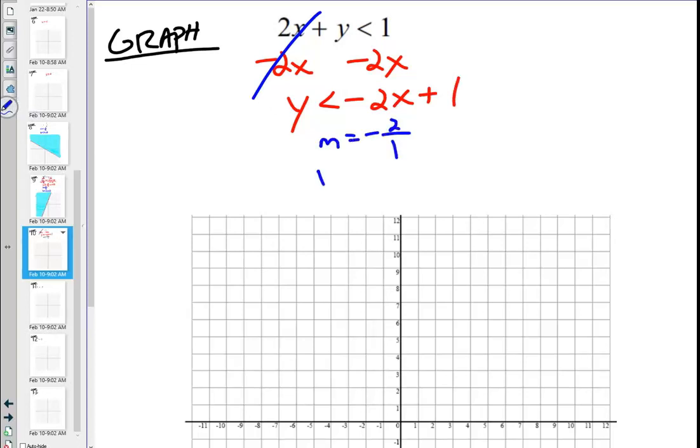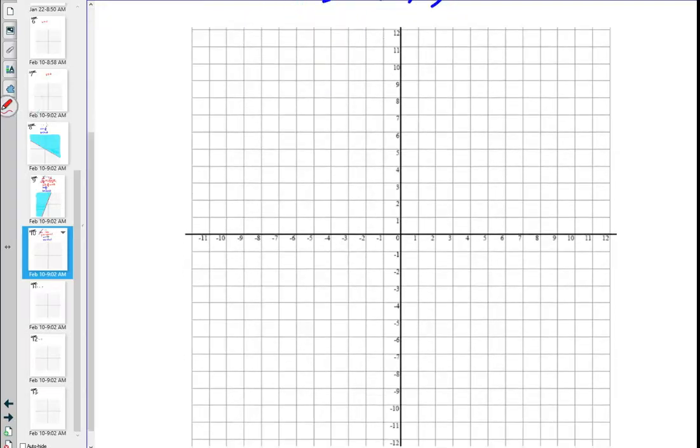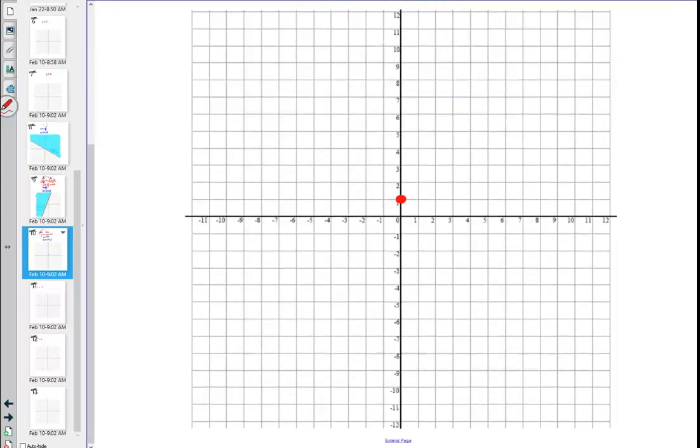Negative 2, negative 2 over 1. What's the y-intercept going to be? 0, 1. So I'll start off at (0, 1). Negative slopes take me up, left, and down, right. So I can go up 2, left 1, or down 2, right 1.